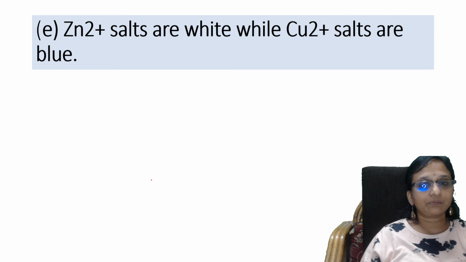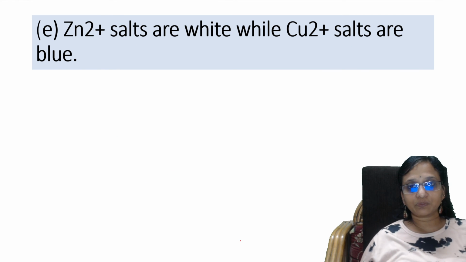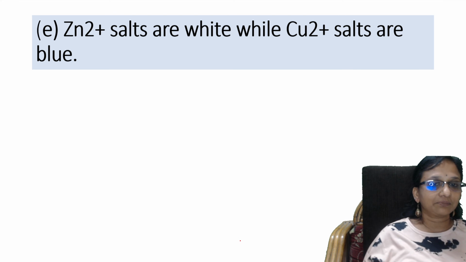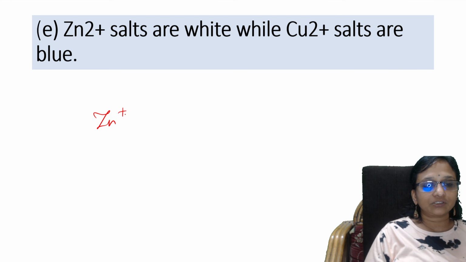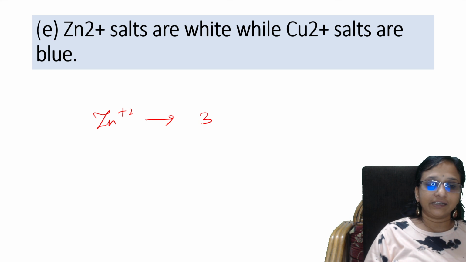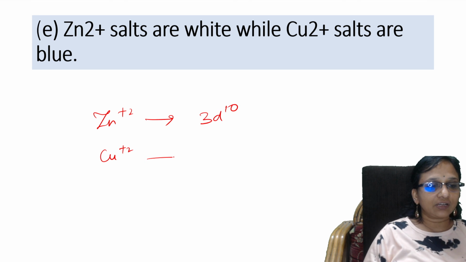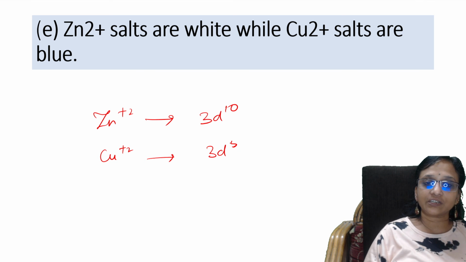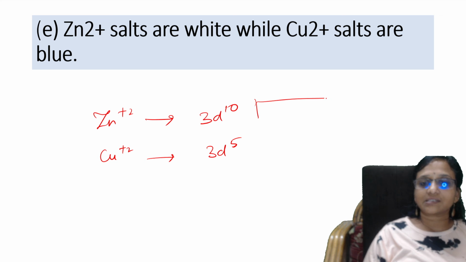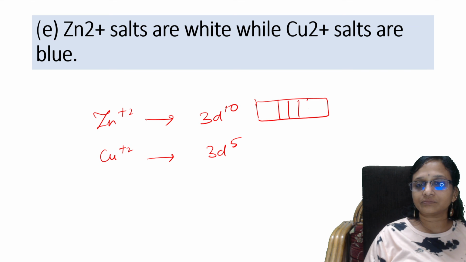Next, Zn plus 2 salts are white while Cu plus 2 salts are blue. Simple. Zn plus 2 ion has 3d10 configuration, same story. This is completely filled and stable. Cu plus 2 ion has 3d9 configuration, which is not completely filled.